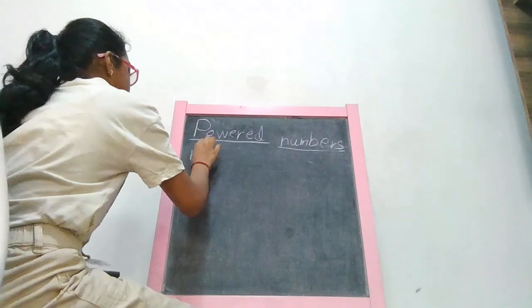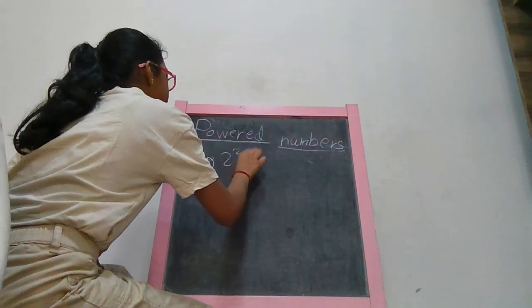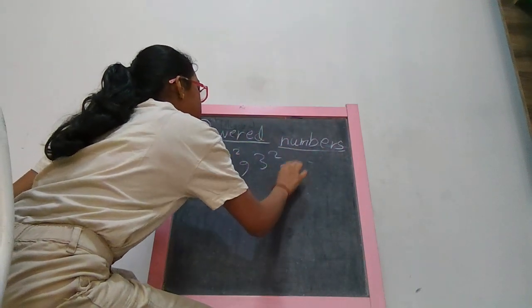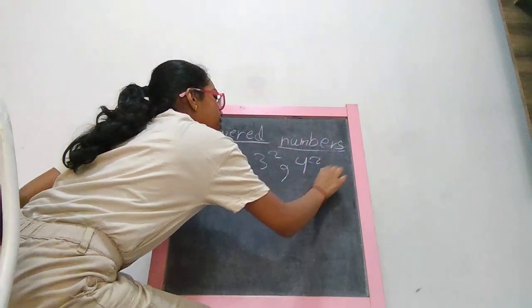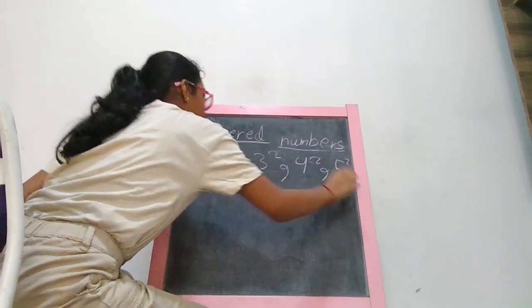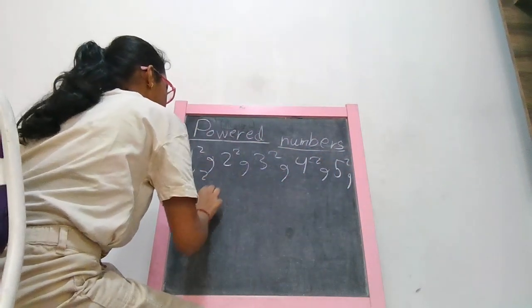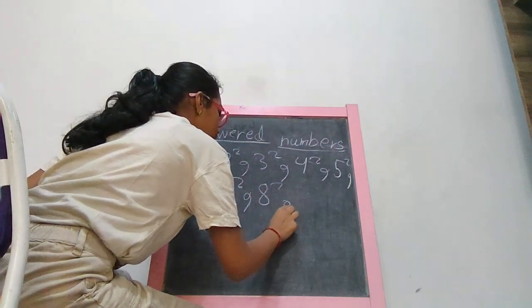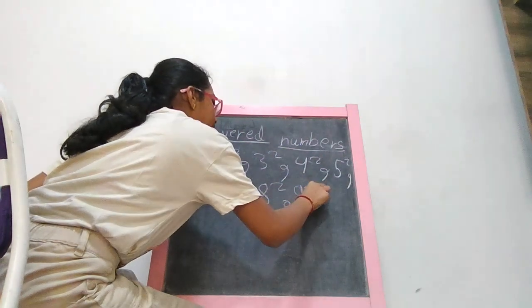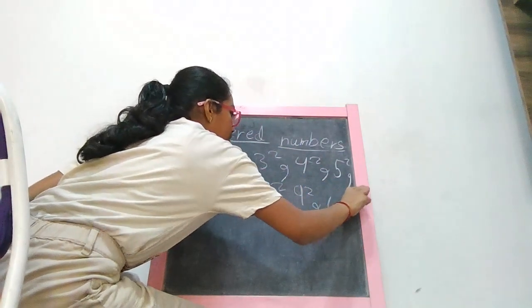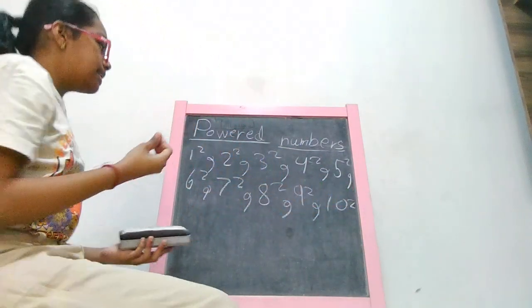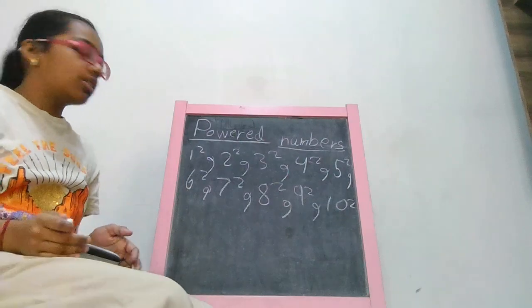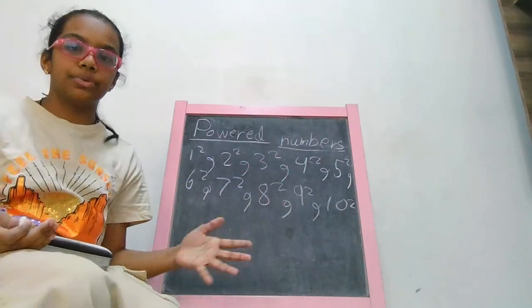So we have 1 squared, 2 squared, 3 squared, 4 squared, 5 squared, 6 squared, 7 squared, 8 squared, 9 squared, and 10 squared. Now let's see what answer this gives us. So these are 1 squared, 2 squared, 3 squared, 4 squared, okay?